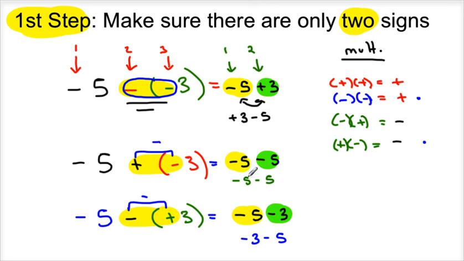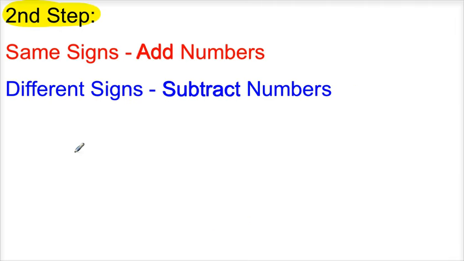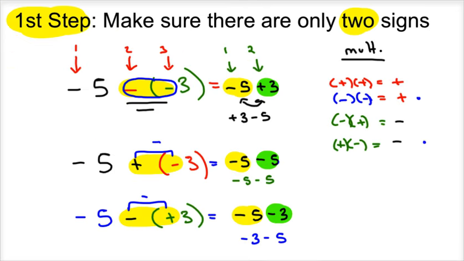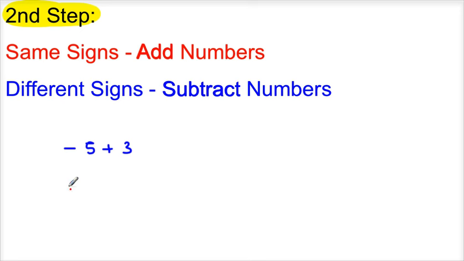So that's my first step: make sure you only have 2 signs. Now that you have these 2 signs, let's take this as an example: -5 plus 3. We also had the examples -5 minus 5 and -5 minus 3, and the last one we had was -5 again plus 3 and -5 minus 5.